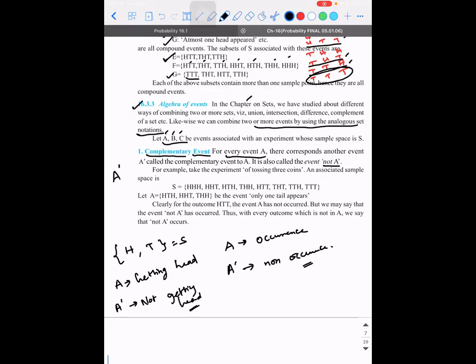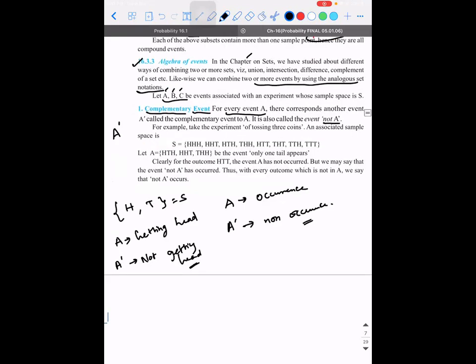You're able to understand? So this is what is called the complement of an event. Let's see an example. Let's take the experiment of tossing 3 coins and the associated sample space, all the 8 elements. From this, we are defining an event A, which is head, tail, tail; tail, head, tail; and tail, tail, head.